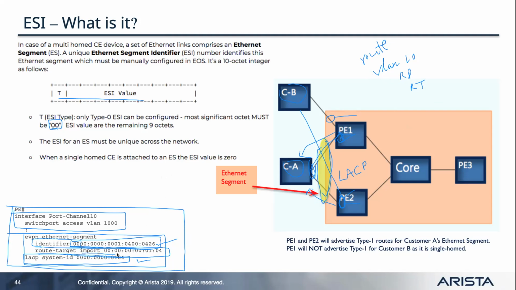This RT is different, okay? And we will also see what the purpose of this RD is. But we will use this route target import, different, in the configuration under this port channel. So basically this is the configuration we will use to bring up this multi-home device.